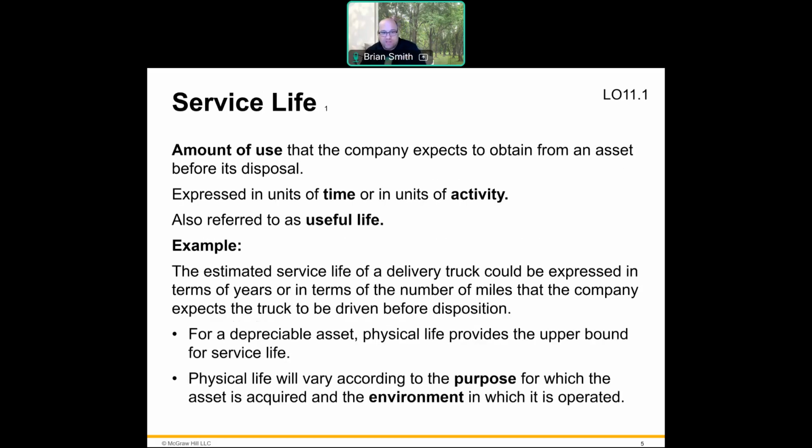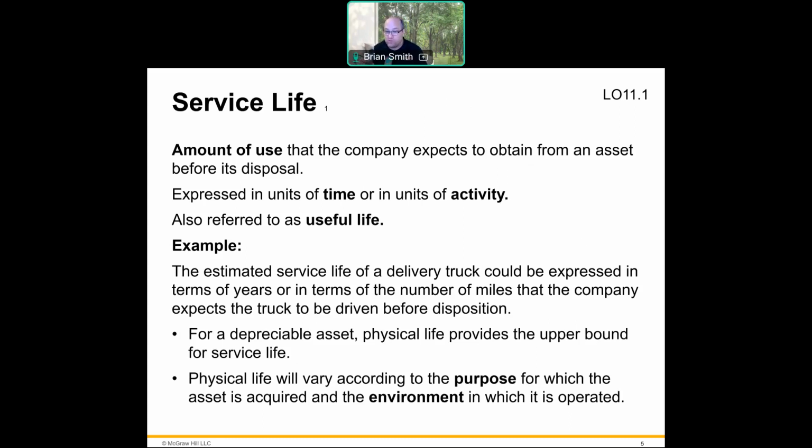Our service life is basically however long we expect to use it, or, looking at the units of production method, we need to know the units of activity associated with that. From the standpoint of a vehicle, that would probably be miles driven if it's the units of production method, or it would be the time in which we thought we were going to use it.